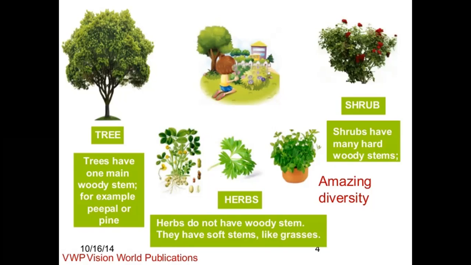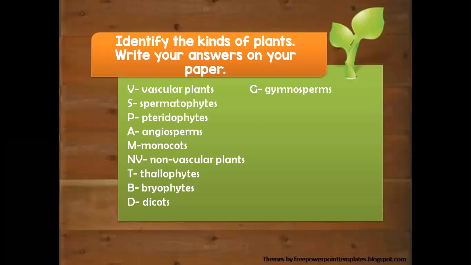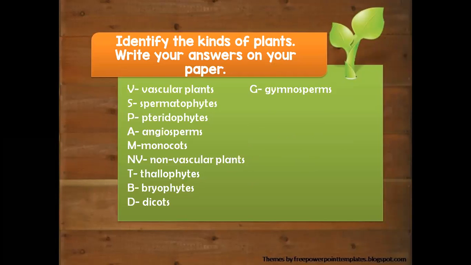Okay, so I want you to get your paper and pen. So you answer this one. Okay. So you identify the kinds of plants. Write your answers on your paper. Okay, so you can have 3 or 4 answers in each number. Like for example, corn. Corn can be vascular. It is an example.